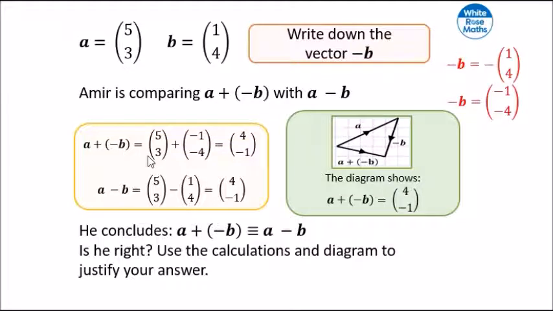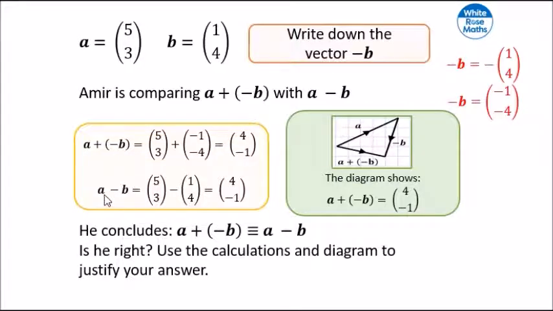He is right because our vector minus b is minus 1, minus 4. So we're adding minus 1, minus 4, and when we add these vectors together, 5 right and 1 left is 4 right altogether. 3 up and 4 down is 1 down altogether.